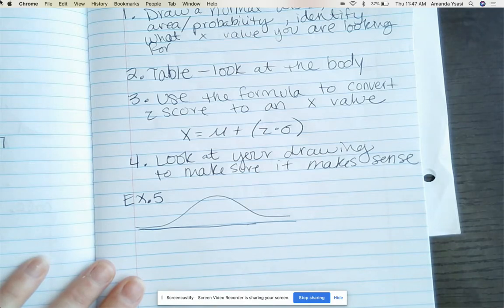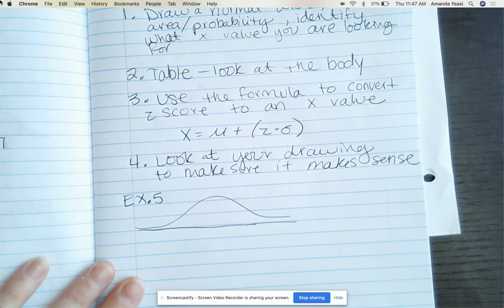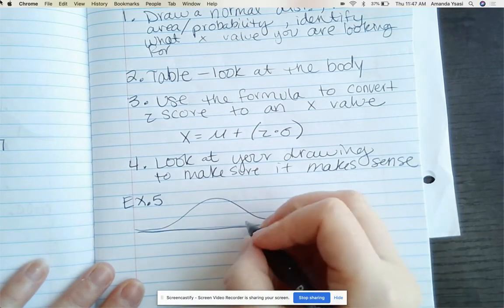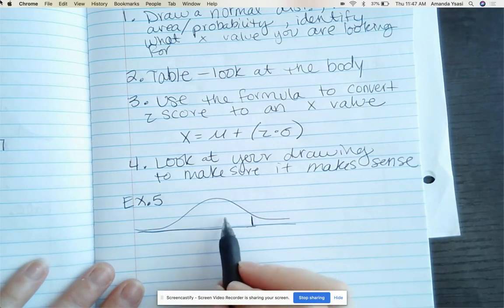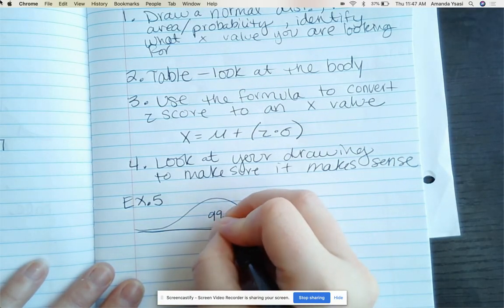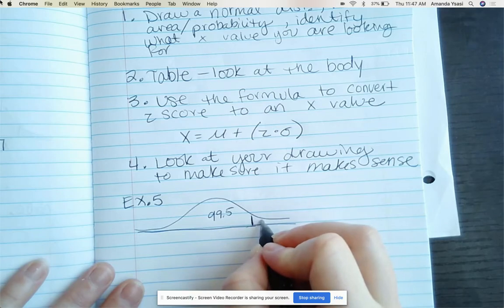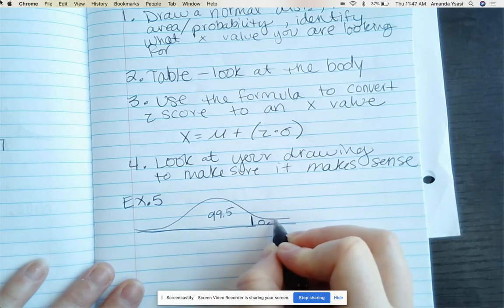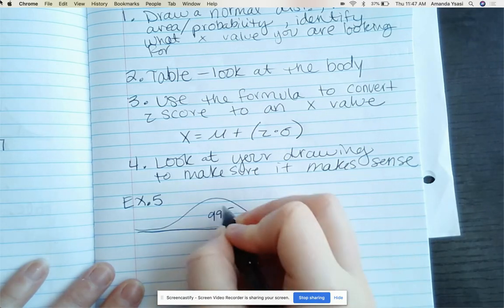Write the area or probability. What separates the lightest 99.5% of men from the heaviest? So you're looking at the area here as 99.5% and this area as 0.5%.